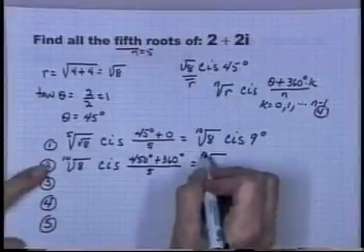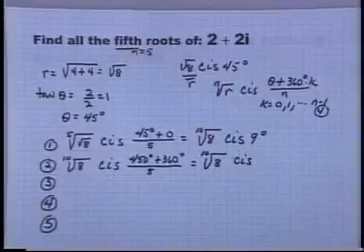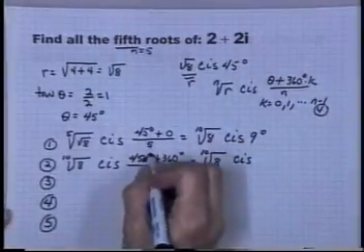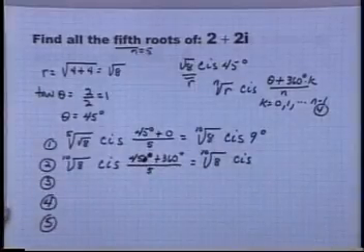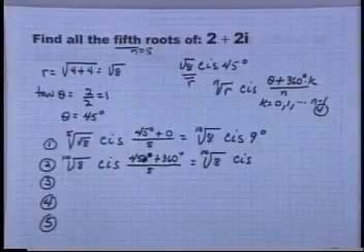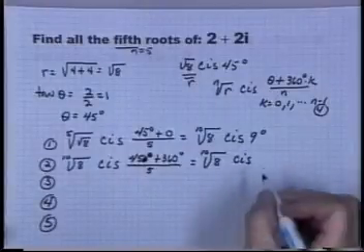So I have the 10th root of 8 here. And let's see, 45 degrees plus 360, 45 plus 360 is 405 divided by 5 gives me 81 degrees.